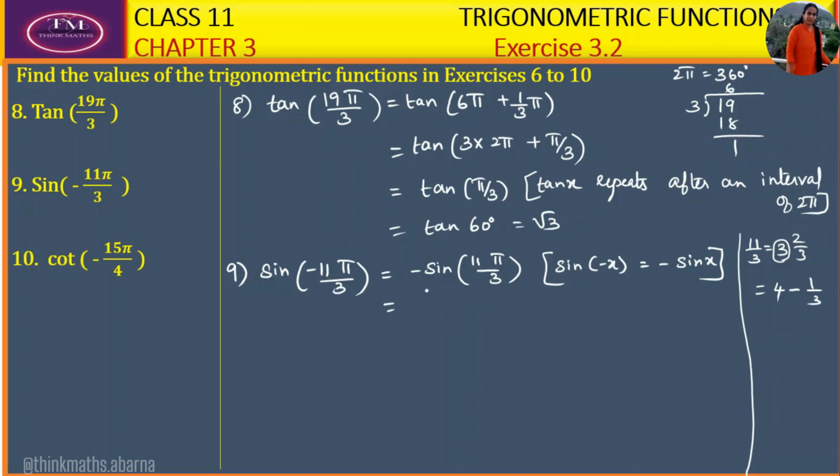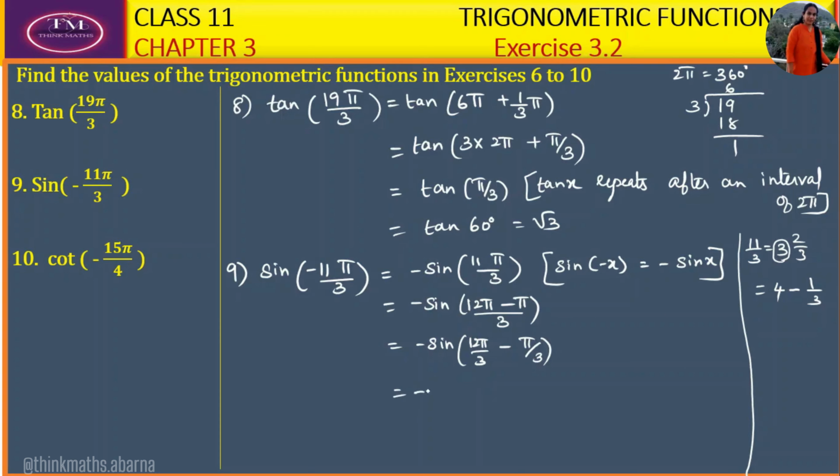So we can write sine 11 pi as 12 pi minus pi, since 12 minus 1 is 11, divided by 3. So it is equal to minus sine 12 pi by 3 minus pi by 3. What is 12 pi by 3? 12 by 3 is 4.